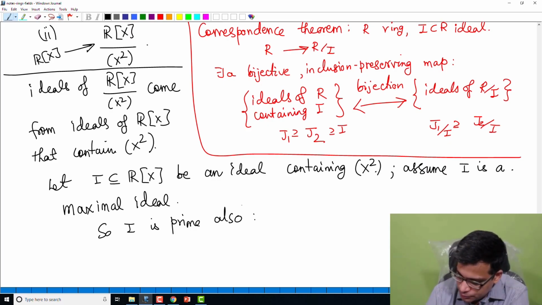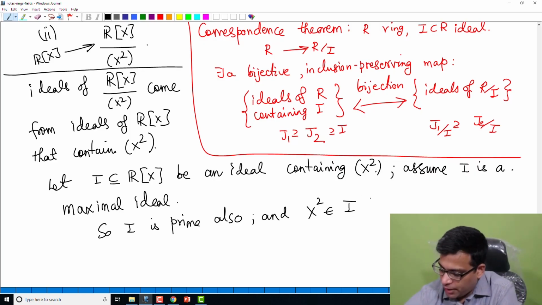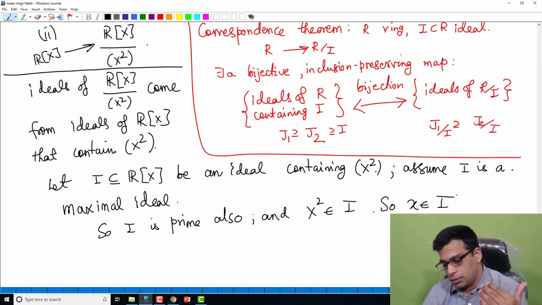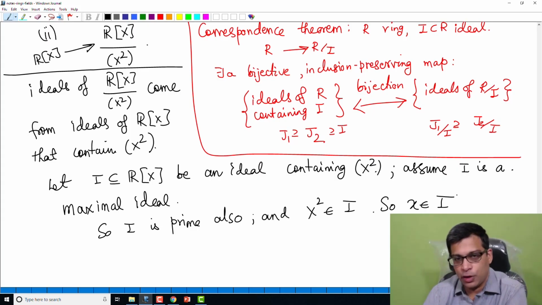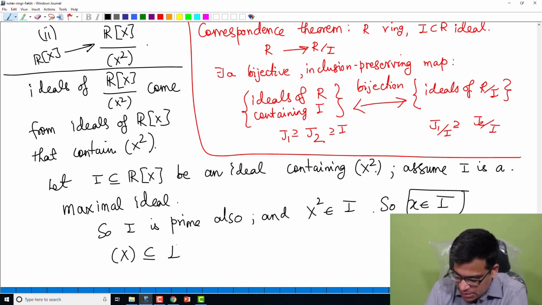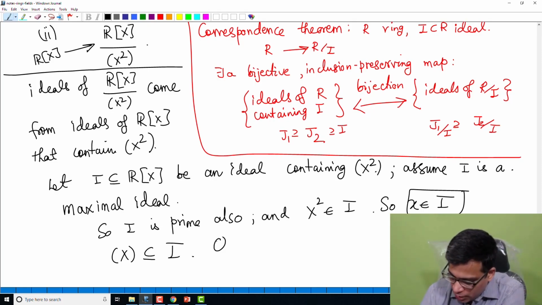And I is a prime ideal, and the ideal x squared is contained in I means the element x squared is contained in I. But prime ideals have the property that if a product belongs to the ideal, one of the elements belongs to the ideal. x squared belongs to I means x is in I. That means the ideal generated by x is in I. Remember, I is an ideal, it contains x, that means it contains the entire ideal generated by x.